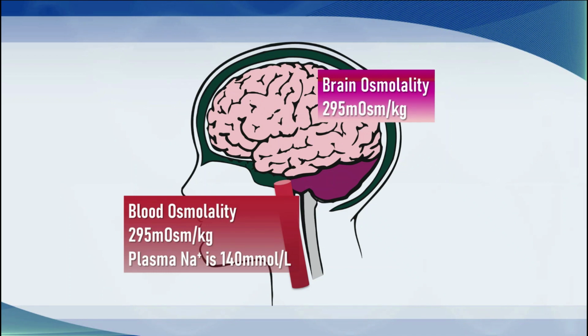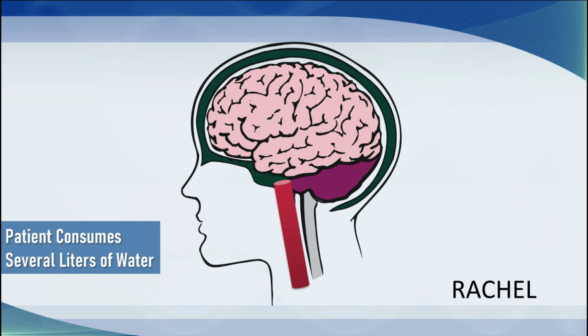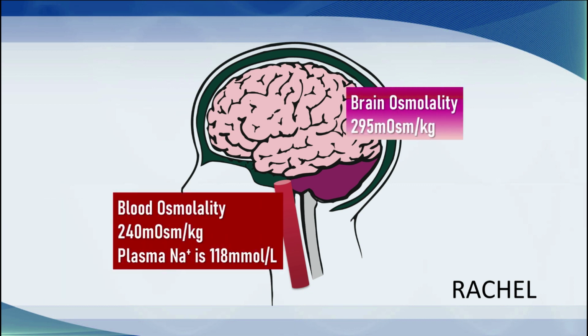Now let's have a look at another patient, Rachel. Rachel consumes several litres of water, and for some reason she's not able to expel that water from her body. Consequently, her blood osmolality falls to 240 milliosmoles per kilo with an associated drop in the plasma sodium to 118 millimoles per litre.